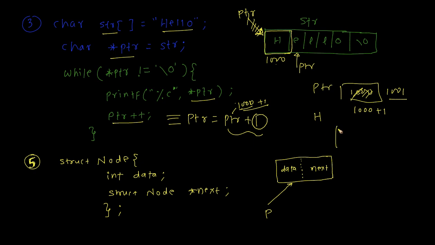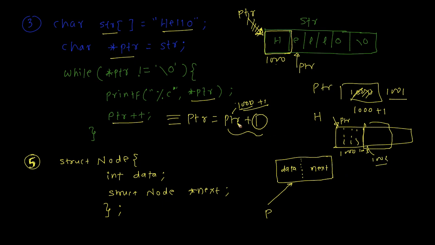If this was 1000 and there are 4 bytes here, the last byte will be 1003, so 1000 to 1003, and PTR is pointing here. If you do PTR plus 1 now, PTR will not go to 1001. It will go to 1004. That is the next location, which starts at 1004.